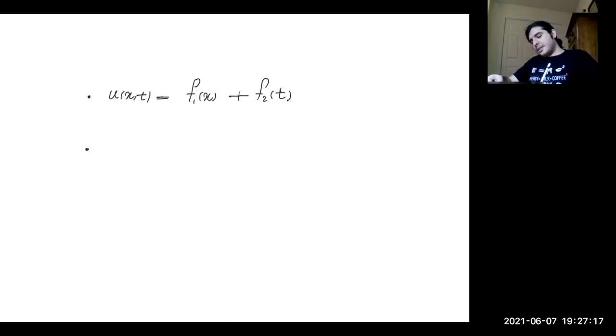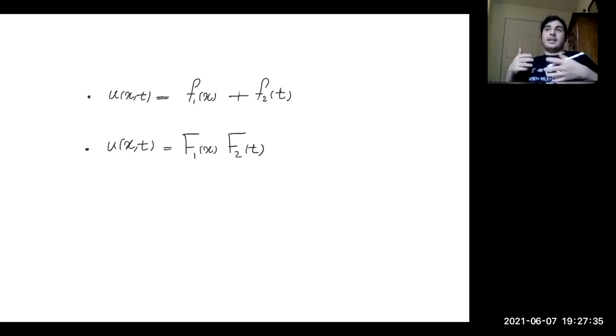You can say, maybe I can write the solution as two parts, where one part is a function of x, the other part is a function of t, and this function u is the multiplication of these two things. Any idea you come up with, we can try to see if it works or not, or if it works, whether it is helpful.